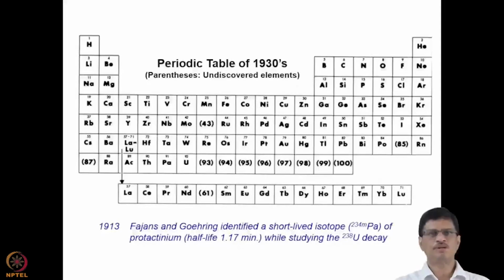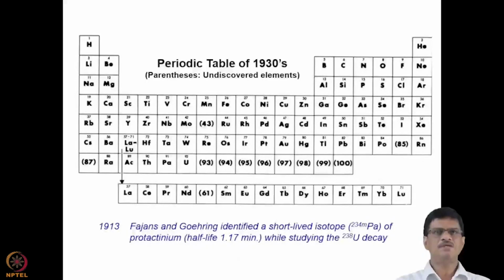Now, coming to the periodic table, in the early part of the 20th century the actinides were not placed in the periodic table the way we see them now. They were considered similar to the transition elements, which we will discuss subsequently.